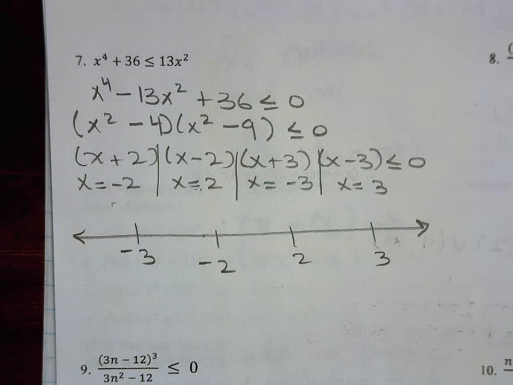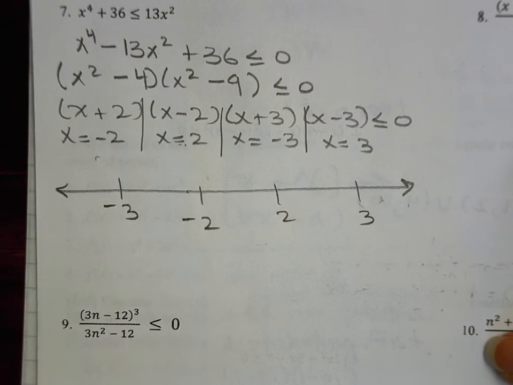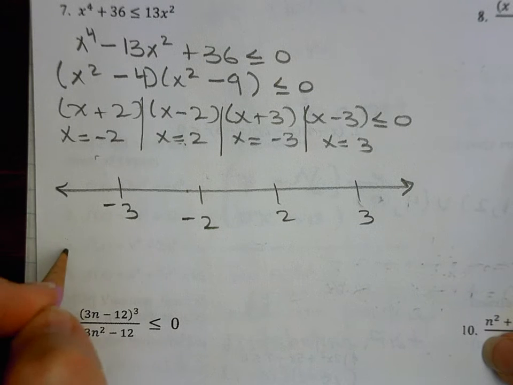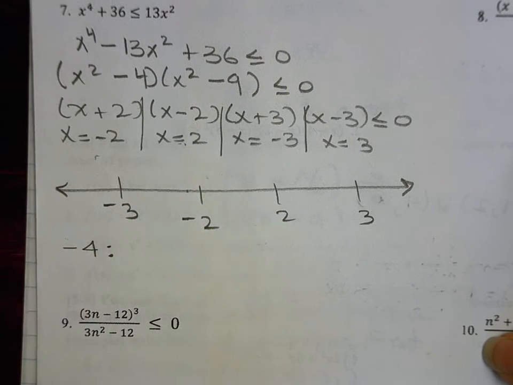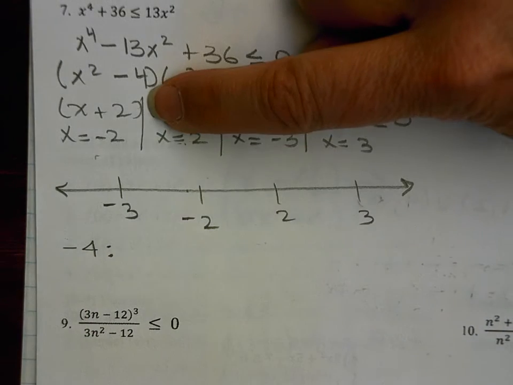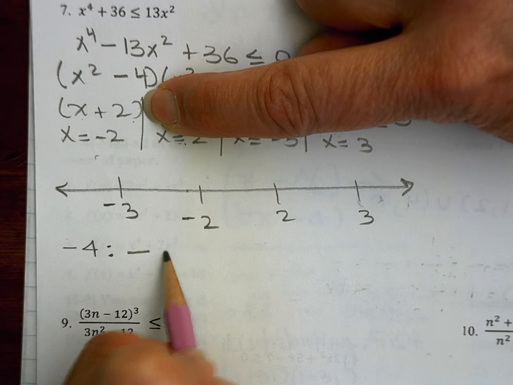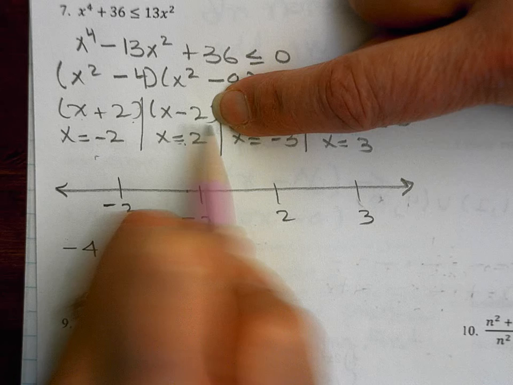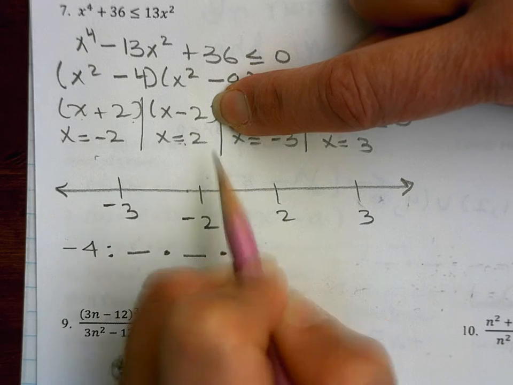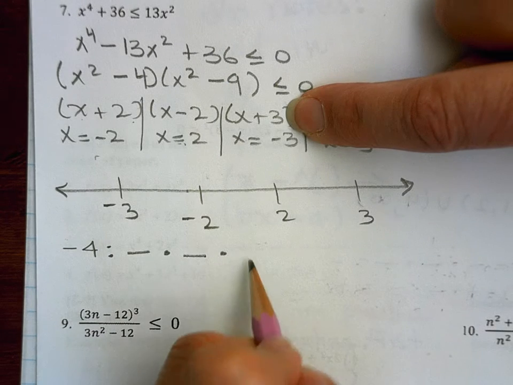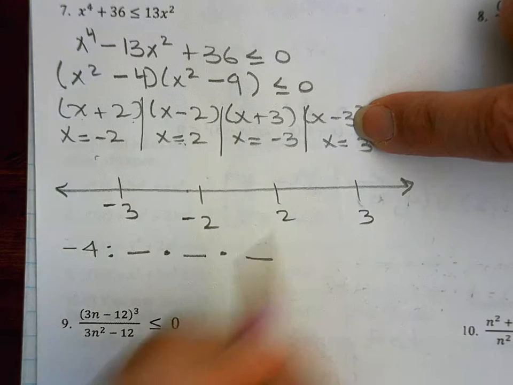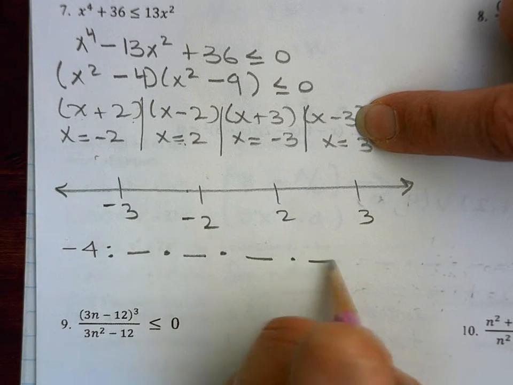Okay, so I'm going to pick a number smaller than negative 3, so say negative 4. When I substitute it in, negative 4 plus 2 is a negative number. Negative 4 minus 2 is a negative number. Negative 4 plus 3 is a negative number. And then negative 4 minus 3 is a negative number.